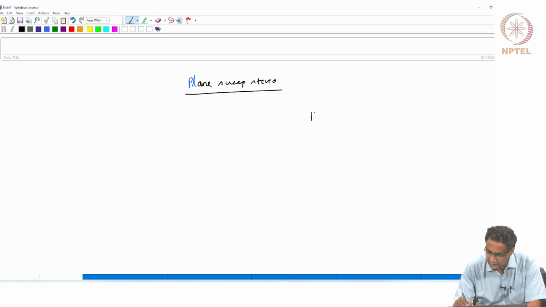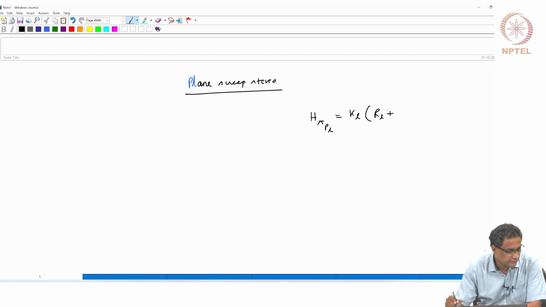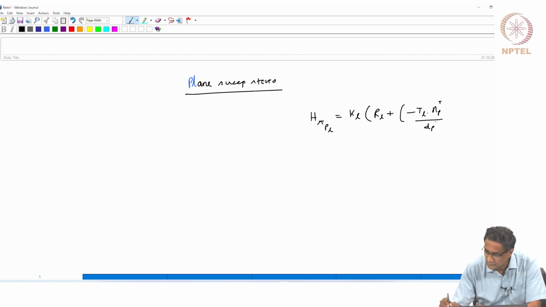I think what I had written was H pi P L, as KL RL plus minus TL N transpose by dP, the whole times KR inverse. This is what it was.